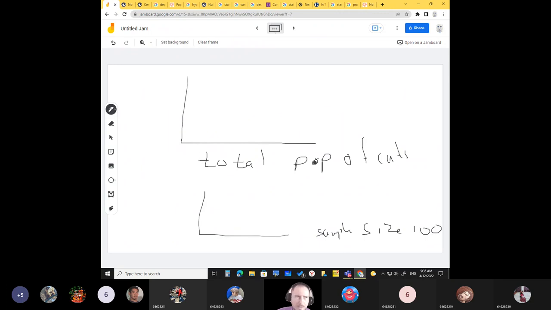But you'll say, wait a second, there are different cats. Okay, so total population of Persian cats, all the Persian cats in the world, and a sample size of Persian cats, 100. We only have 100 cats. And if we did everything correctly, the population and the sample will be the same, 16 centimeters tail, okay? If we do everything correctly.